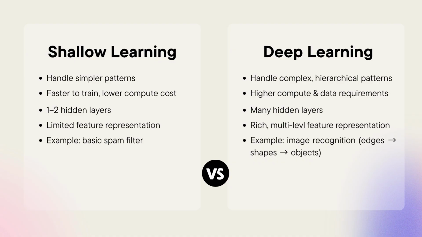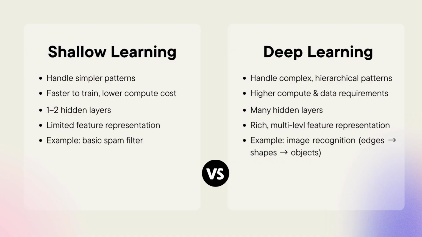Deep networks, on the other hand, include many hidden layers, sometimes dozens or more. This depth allows them to build hierarchical representations. Early layers detect simple features like edges, middle level layers combine these into shapes, and later layers recognize complete objects or concepts.